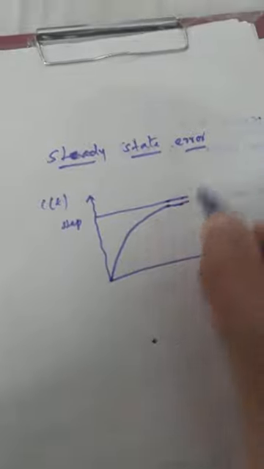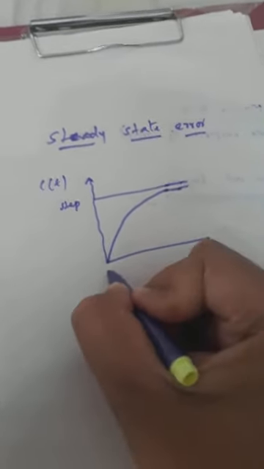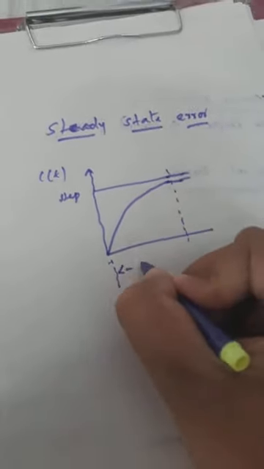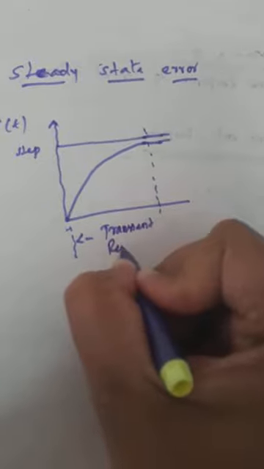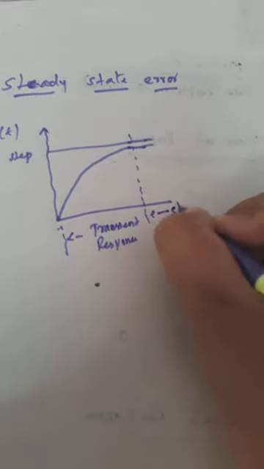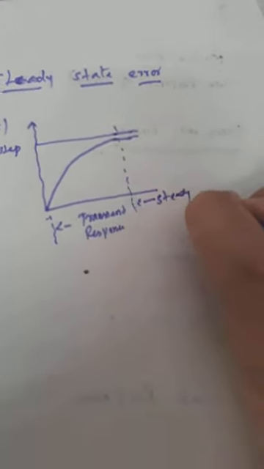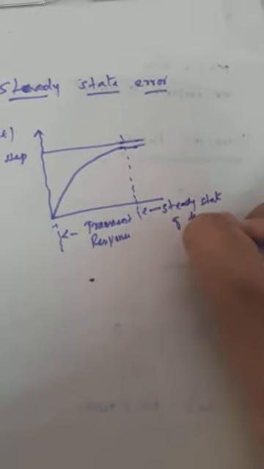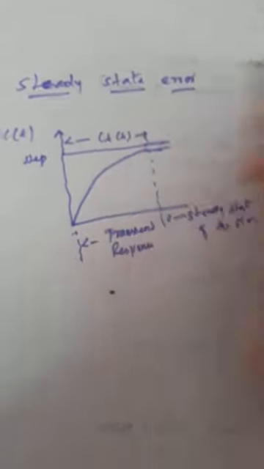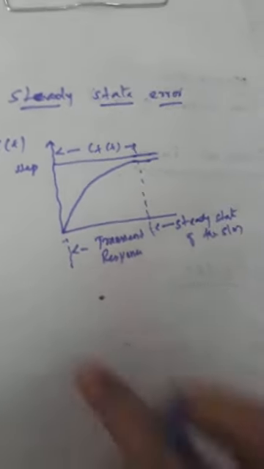This is the actual output response, the total response c(t). This part is the transient response, and after this is the steady state of the system.